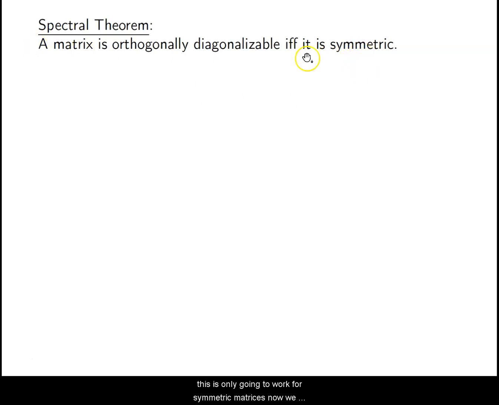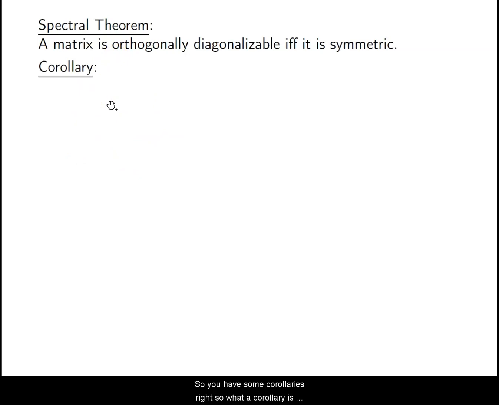So this is only going to work for symmetric matrices. Now, we can diagonalize pretty much any matrix, but we can only diagonalize symmetric matrices orthogonally, meaning that those column vectors are orthogonal and they are normalized, and it holds all the properties that we've been talking about.